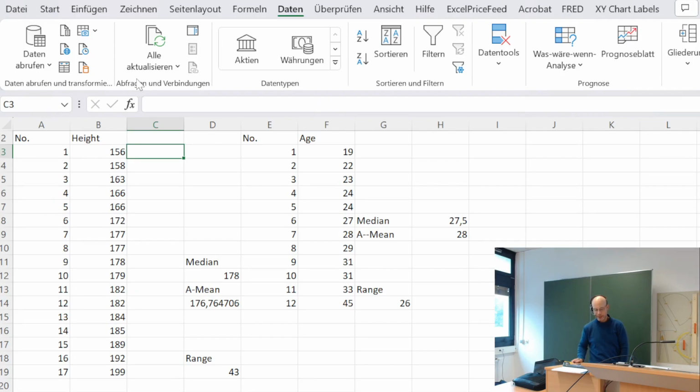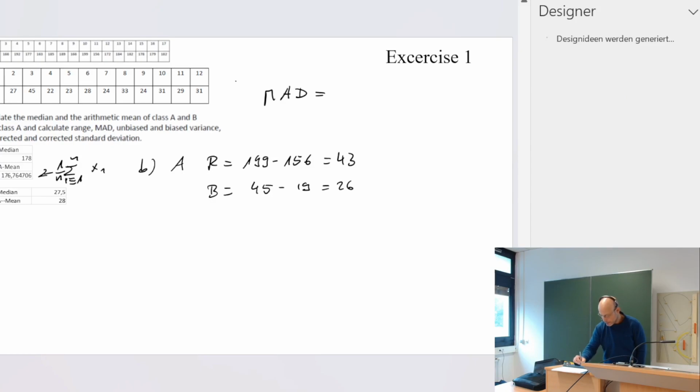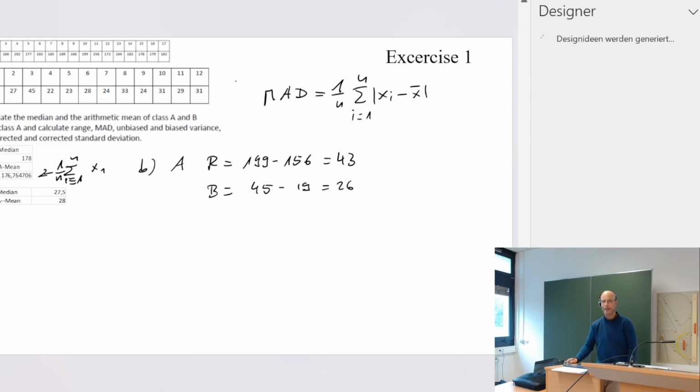Mean average distance. So MAD was defined as 1 over n, sum of the absolute value of xi minus x bar, i from 1 to n.